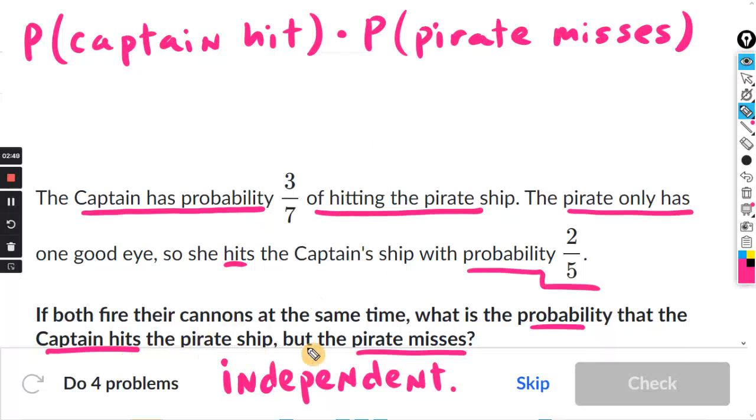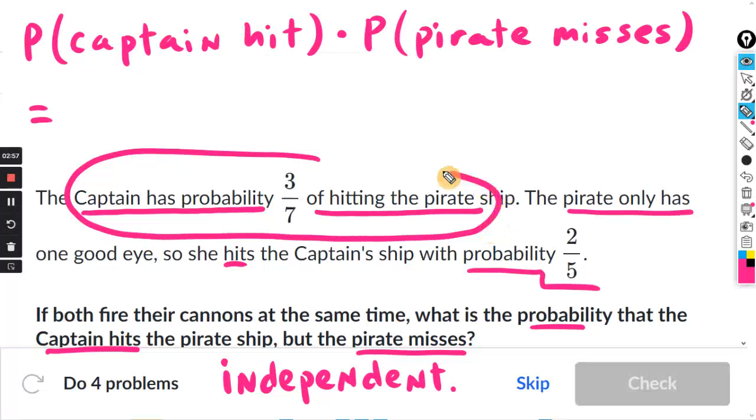The probability that the captain hits and the pirate misses. What's the probability that the captain hits? Right here, the captain has a probability of 3/7 of hitting the pirate ship. What's the probability that the pirate misses? The pirate hits with probability of 2/5. So what's the probability that she misses?